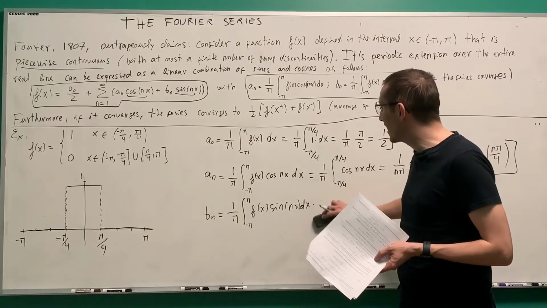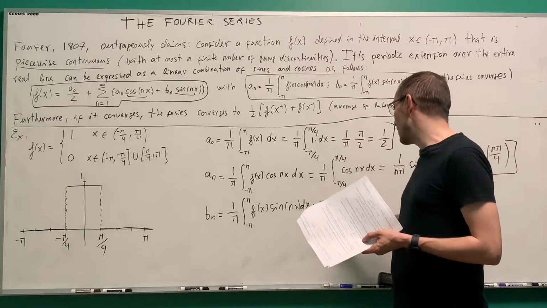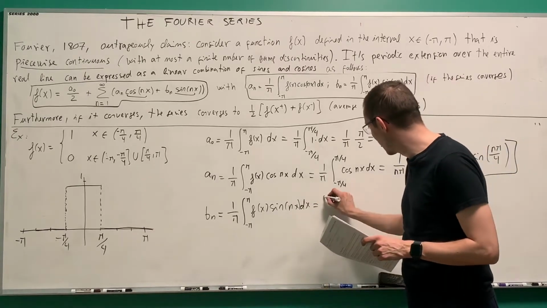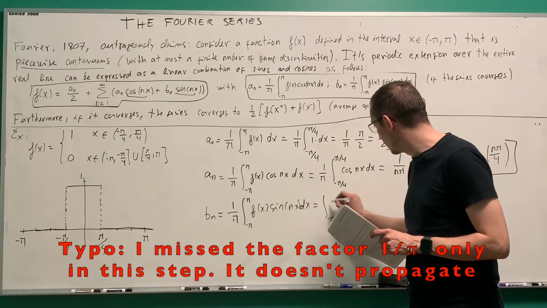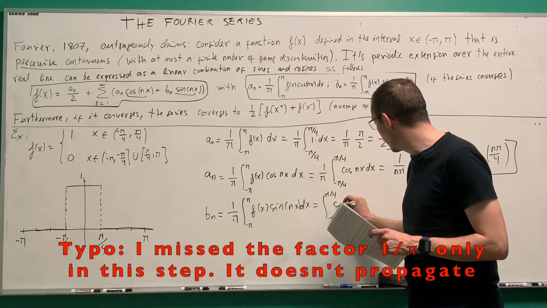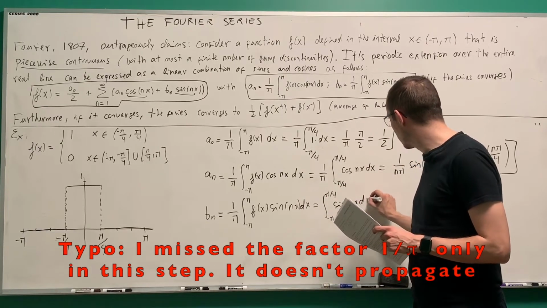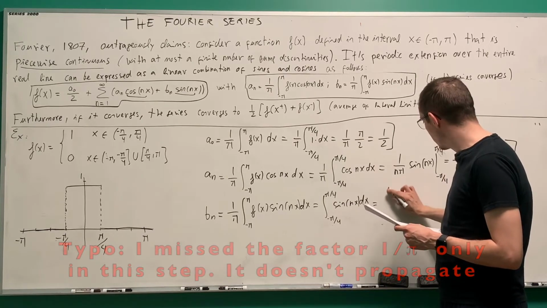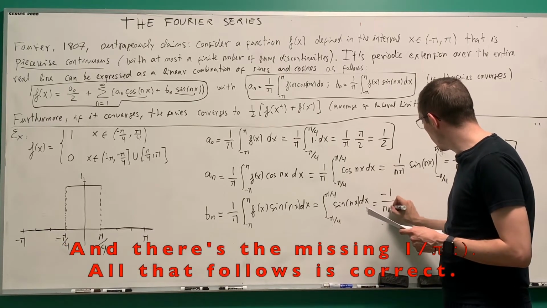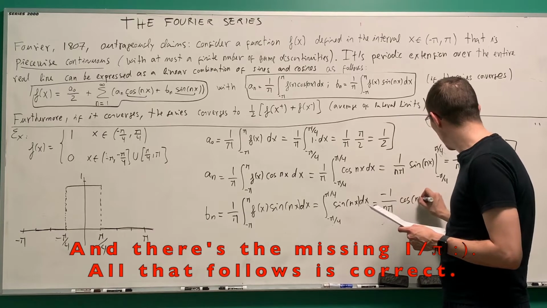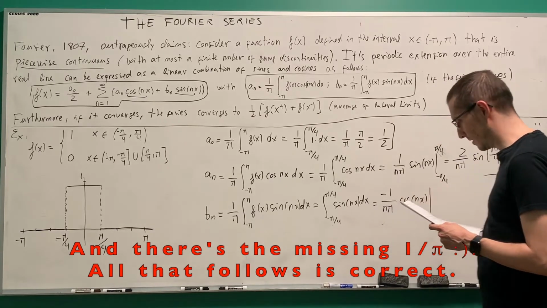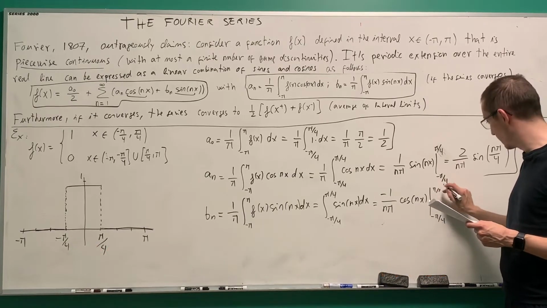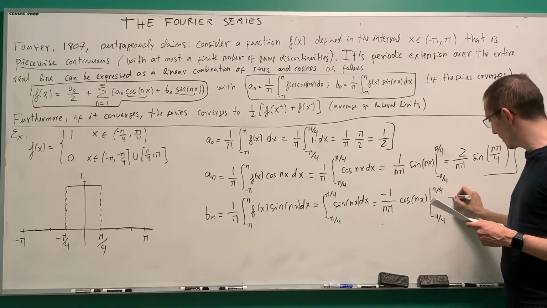Without doing it, I can see the result is 0. And we will see in a minute, okay? But for now, let's do it, because the first time we do it, this is minus pi over 4 to pi over 4 sine nx dx, right? And this thing is minus 1 over n pi, the cosine nx, all right, from minus pi over 4 to pi over 4, and this thing is 0.